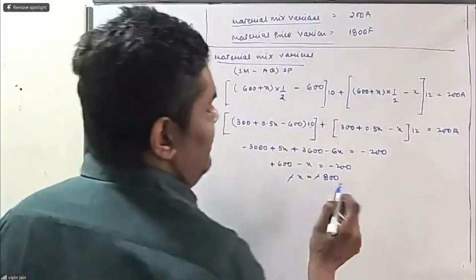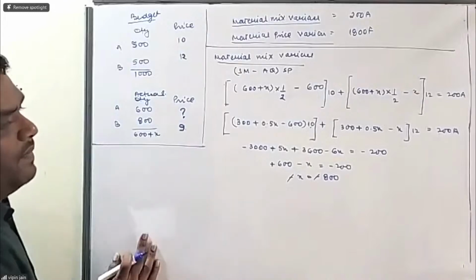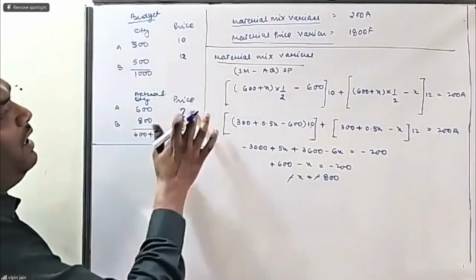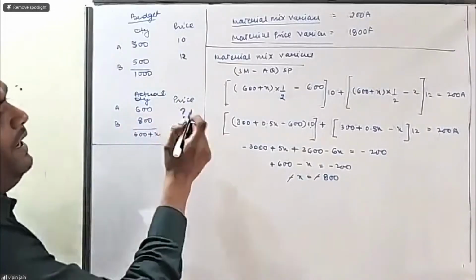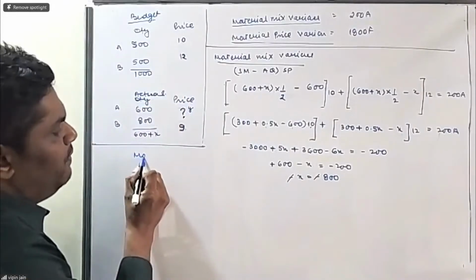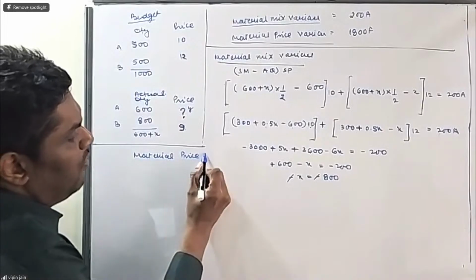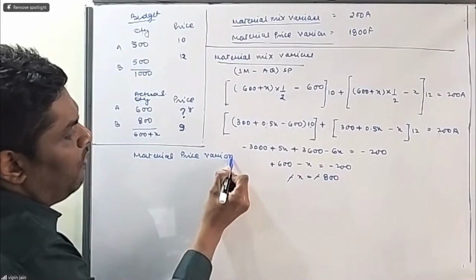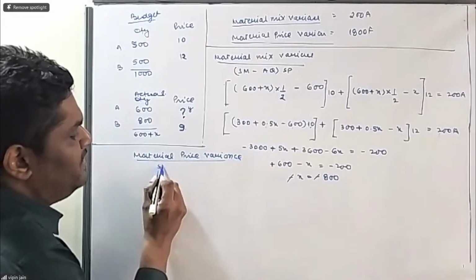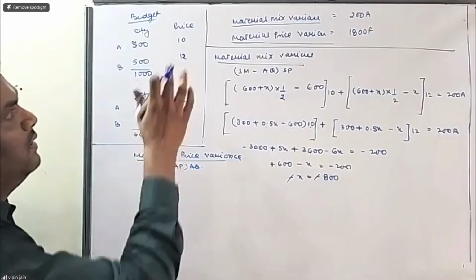So here, when talking about price variance, we can calculate it very easily. So we have got this quantity now. Let's say this price is Y. So very simple, when talking about material price variance, standard price minus actual price into actual quantity.